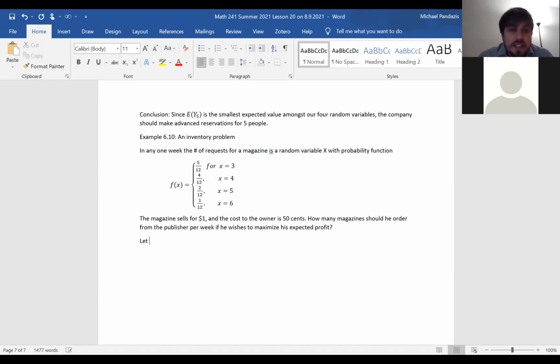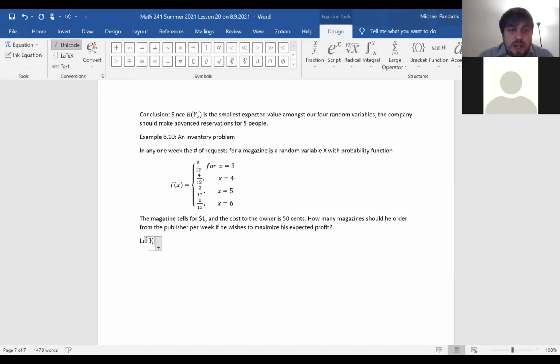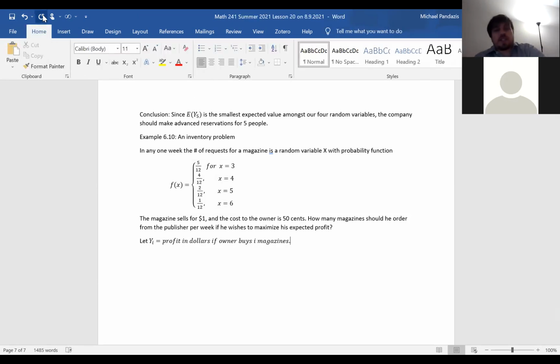Okay, so this is going to be similar to the other example. Let y sub i equal the profit in dollars of the magazine owner if the owner buys i magazines. In each case, he either buys 3, 4, 5, or 6 magazines in advance.